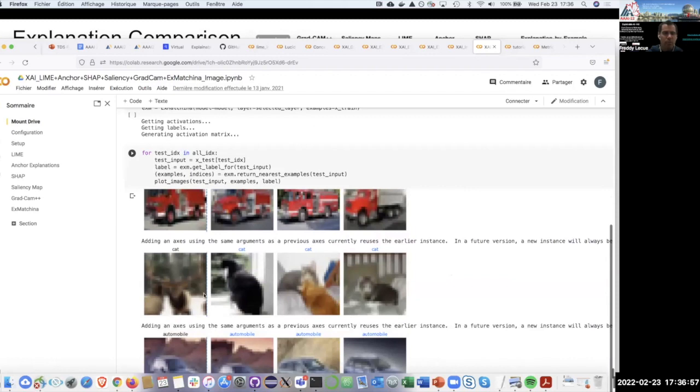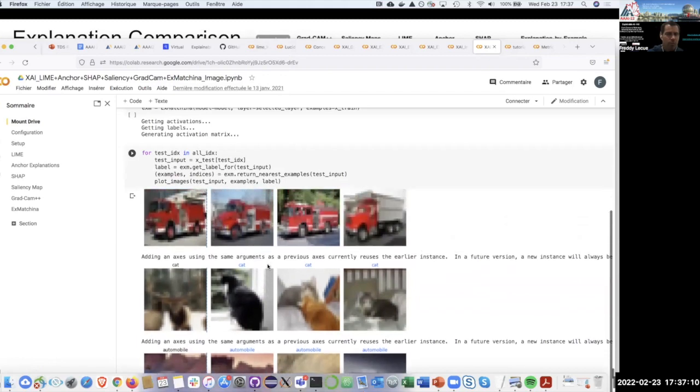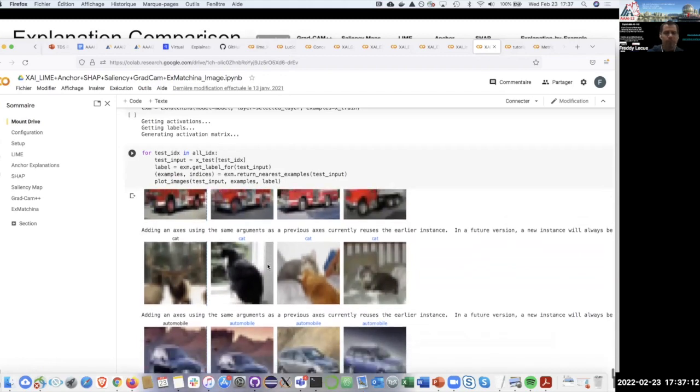So for truck, and you see for cat. Interestingly, this one, if you look at the latent space, the cats were close by. So that definitely means that using superpixel you get cat. Well, using the other you don't get cat, you get stuff that's off.